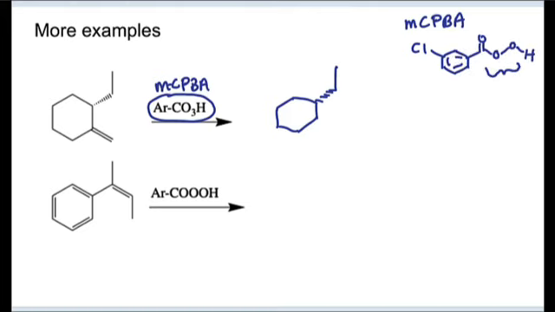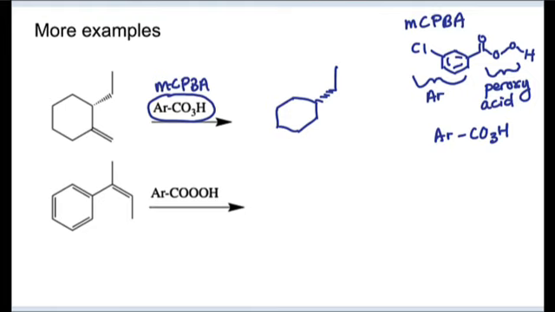This oxygen connected with a carbon-oxygen double bond is called a peroxy acid group. And another way we can write that is to just abbreviate this whole thing over here as aryl. It's an aryl ring, a decorated benzene.